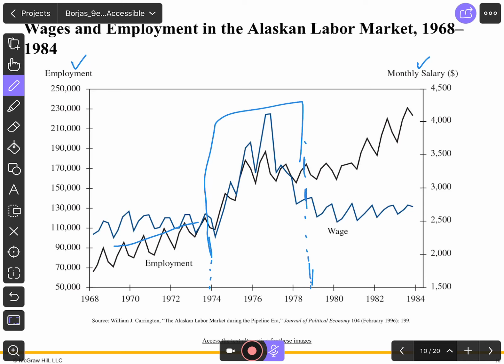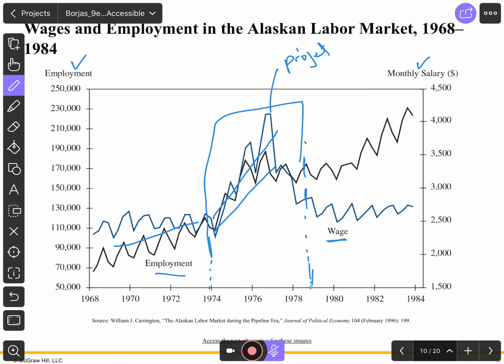And this was the period of the project where they started to build the 789 miles of pipes, and they started to demand workers. So the employment, which is the black line, started to increase, and also the wages, which is the blue line, also increased to attract more and more workers.